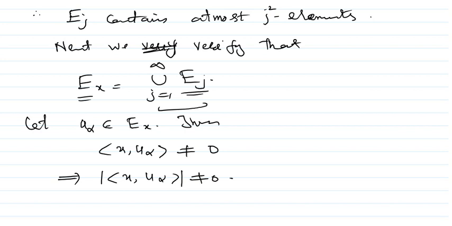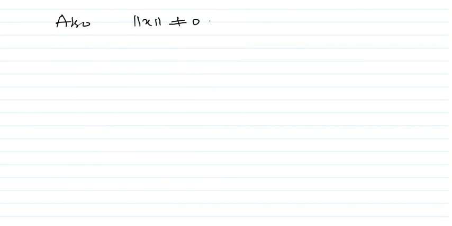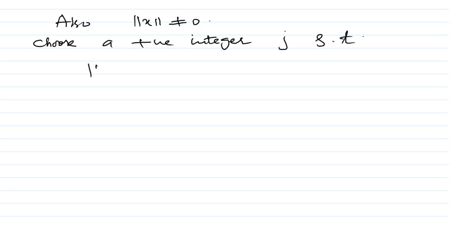So by the Archimedean property we can choose a positive integer j such that norm x is less than or equal to j times the modulus of the inner product of x with U alpha.